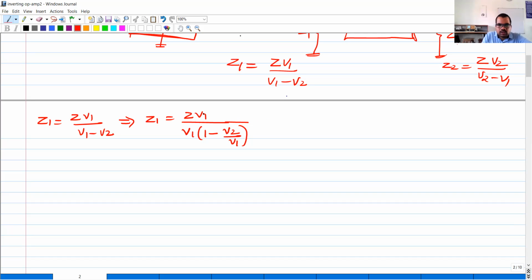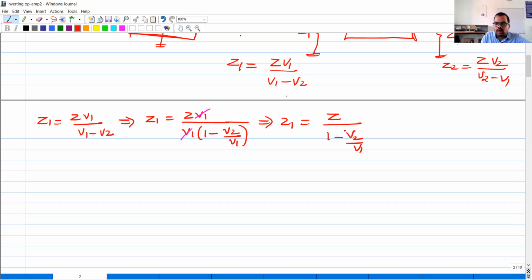So V1 and V1 will be cancelled. Therefore Z1 is equal to Z by 1 minus V2 by V1.